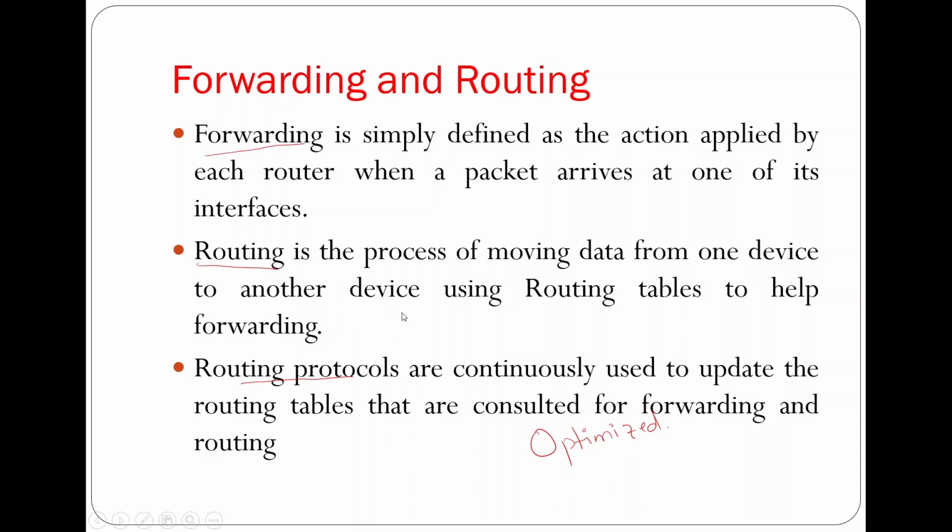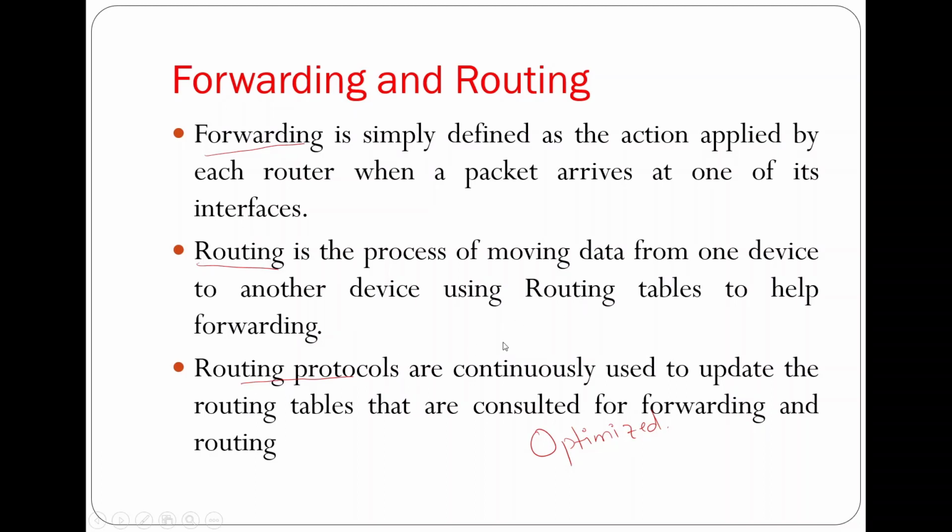How will the data move? It will move with the help of a table called the routing table. The routing table will contain the information of MAC address and IP address, and along with that, extra information also: for a particular path, how much delay it will take, how much distance it is. All that information will be there in the routing table.